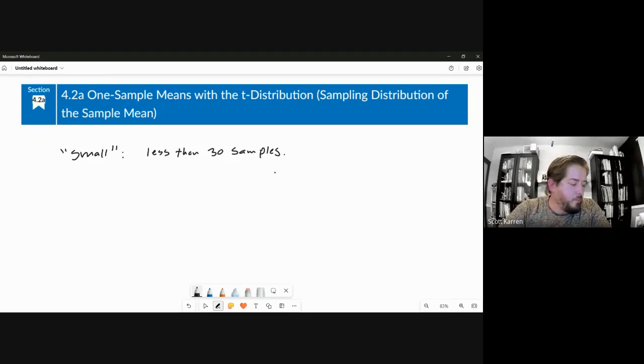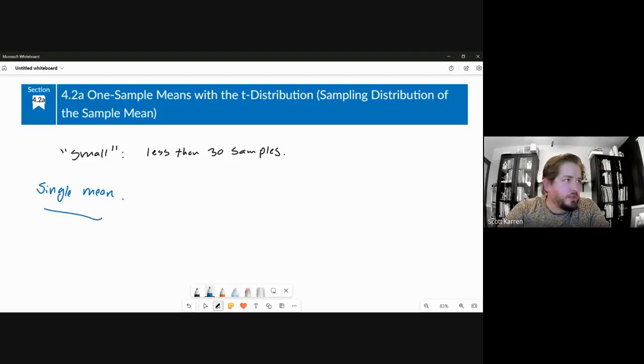So for a single mean, and sometimes we'll deal with two means, but for now, let's talk about what happens if you have a single mean. Right, meaning one variable. You have one variable, you want to find out what the mean of that variable is, right?